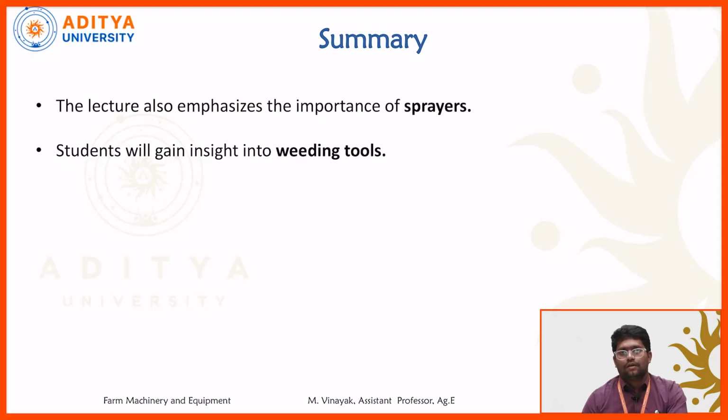We have explained types of dusters, rotary plunger type duster, and the last one is different types of weeding tools like kurfi, wheel hoe, hand hoe, conoweeder. So up to now we have covered the 3 lectures, that is unit 3. So in the next upcoming classes we will discuss unit 4. So this is today's class summary. The student can emphasize the importance of sprayers and their classifications, and also they can get insights into the weeding tools.